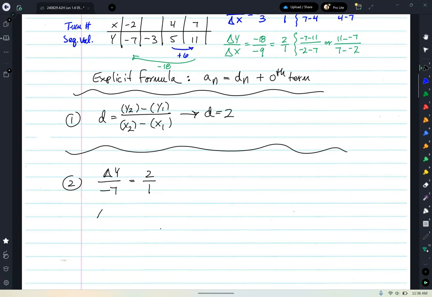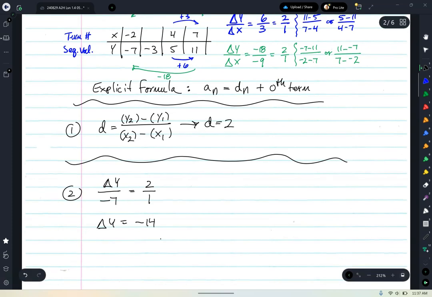If I took 7 steps backwards in my x, what would I have to take backwards in my y? I'd have to take 14 steps backwards in my y. Cross multiply: change in y is equal to negative 14.